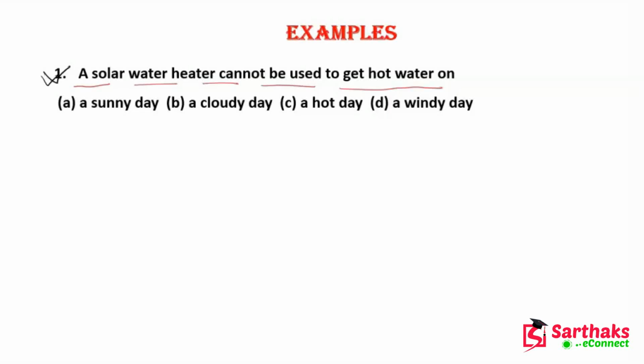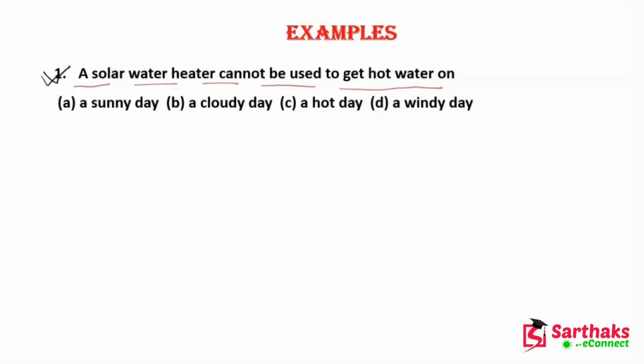So basically here in this question it is asked that a solar water heater will not be able to work on some day which has been given in the options. So we have to answer on what day a solar water heater cannot be used.